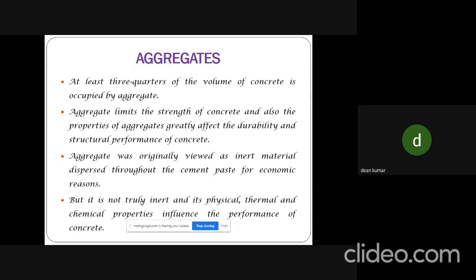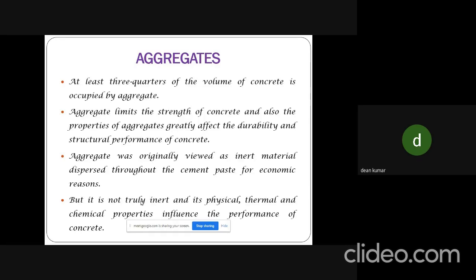Also the properties of aggregate greatly affect the durability and structural performance of the concrete. All the properties of aggregates influence the properties of concrete. That is the meaning of that.